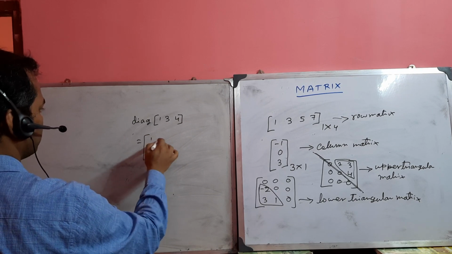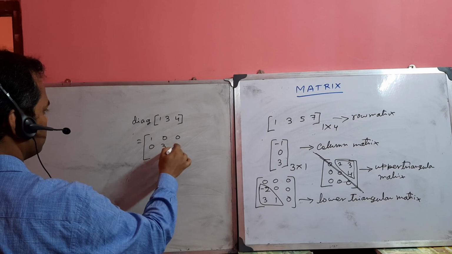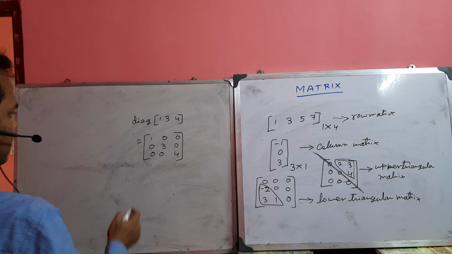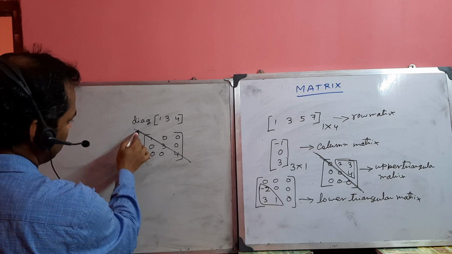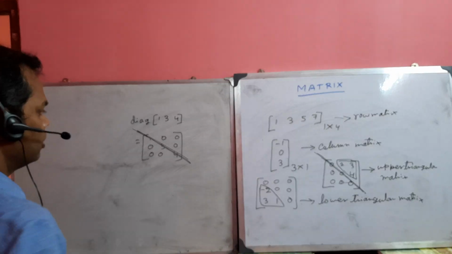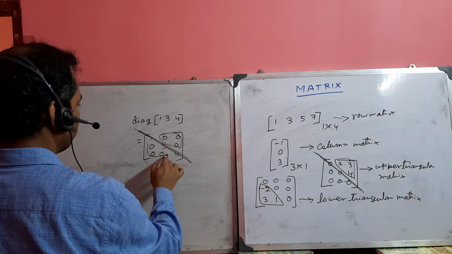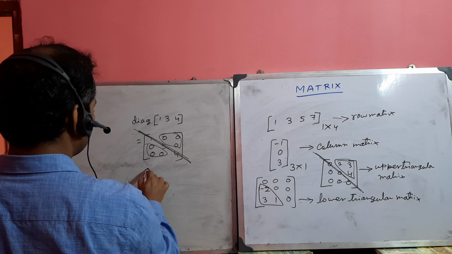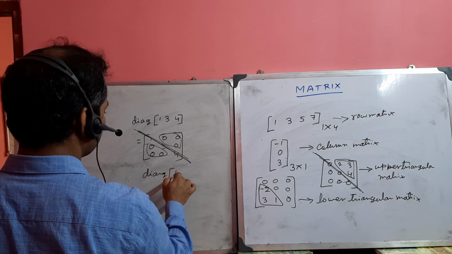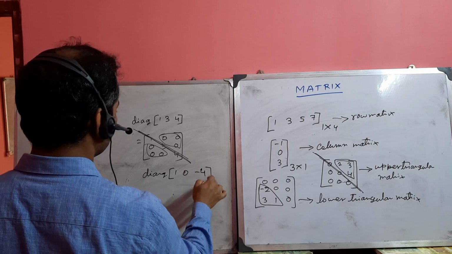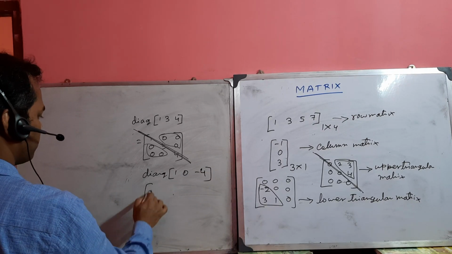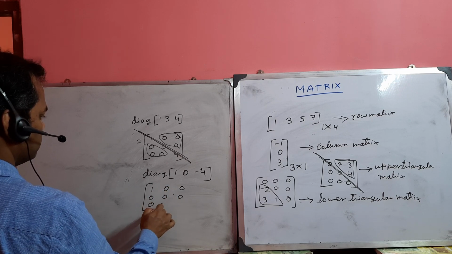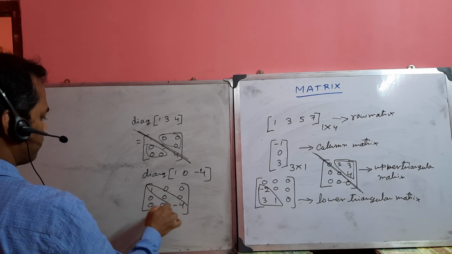This can be written as 1 0 0, 0 3 0, 0 0 4. This is a diagonal matrix. In this case, this is the principal diagonal. Elements of the principal diagonal are non-zero, but the upper triangular elements are 0 and the lower triangular elements are 0. This is called a diagonal matrix. But this one, 1 0 minus 4, is also a diagonal matrix: 1 0 0, 0 0 0, 0 0 minus 4. This is also called a diagonal matrix.